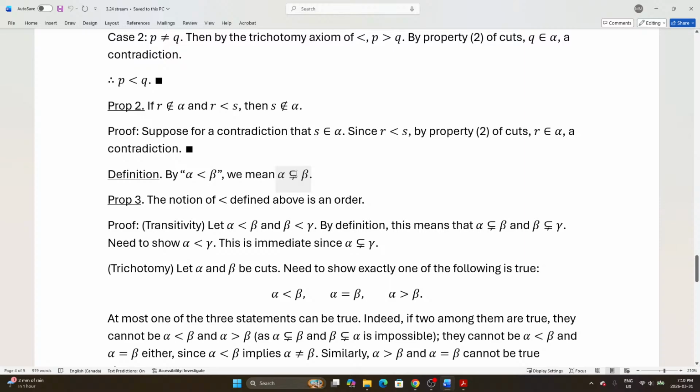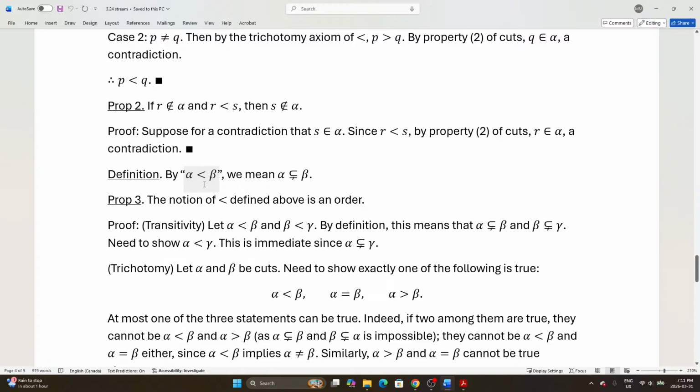So it would be better if we write R less than with a subscript Q, S, and alpha less than with a subscript of R, because later we denoted the set of all cuts to be big R, and then beta. It would be better if we write it that way. However, it's a pain to write that. It's not fun.